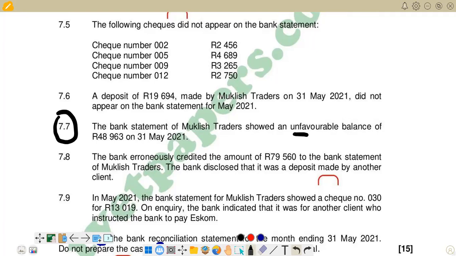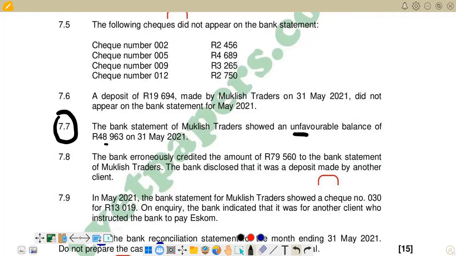So the unfavorable balance on the bank statement will be on the debit side, and then when we are in the ledger, it will be on the opposite side, on the credit side. So we are going to start on the debit side with the unfavorable balance of 48,963.